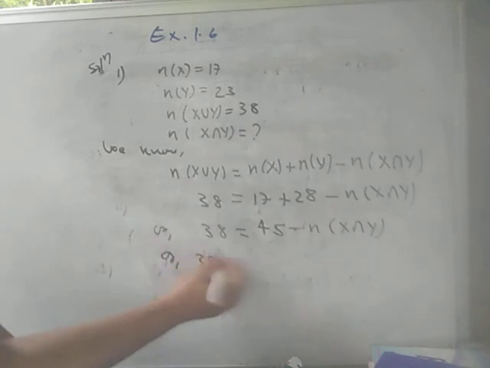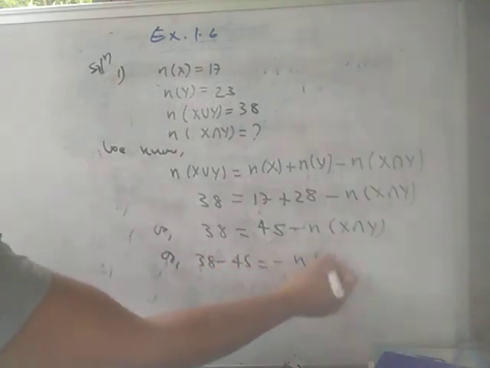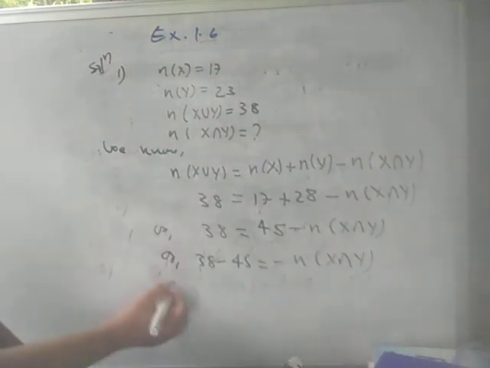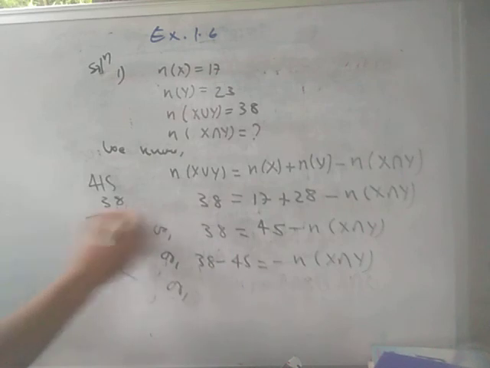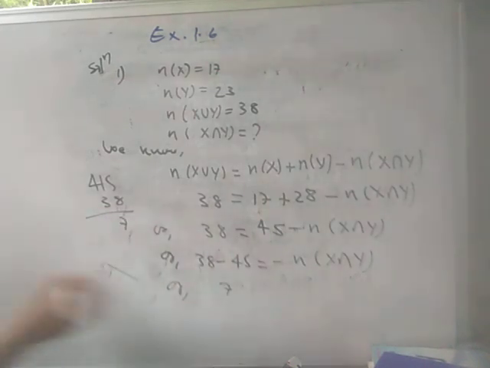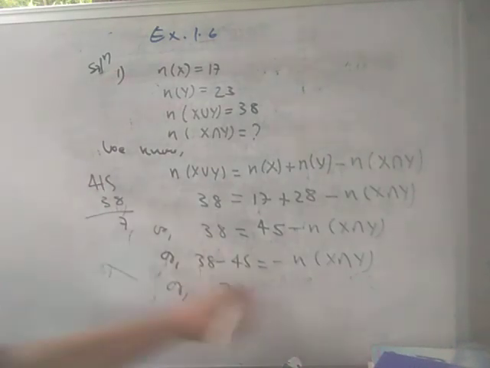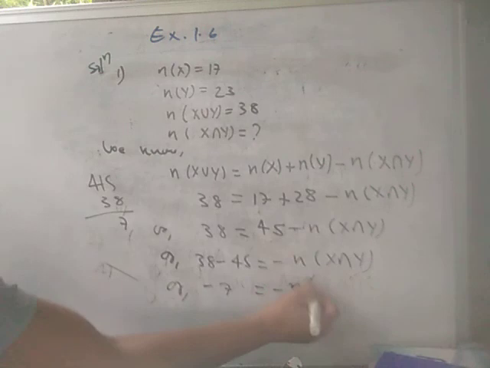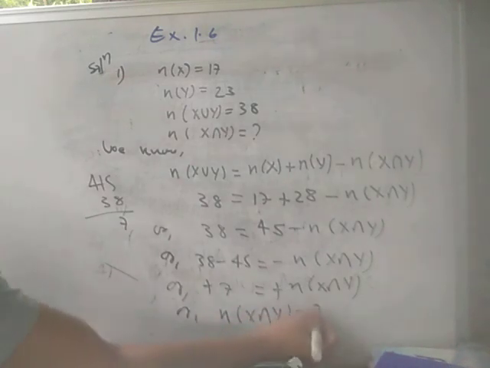So 40 minus 38, that is 2, equals to n(X intersection Y)? So the minus minus gone, left like this, and n(X intersection Y) equals to 7.